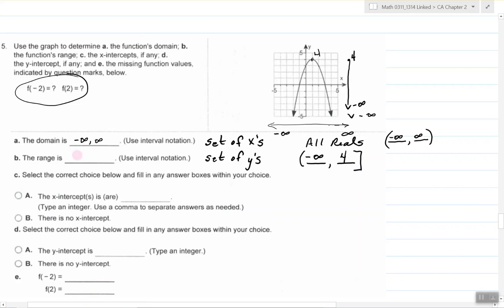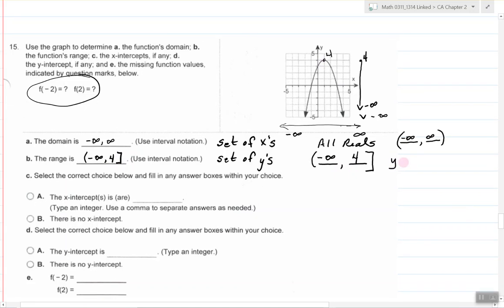So my range is from negative infinity to 4 with a closed bracket. Parentheses, brackets. The brackets are, I think, above the P and the Q on the keyboard. If you were going to say this in inequality notation, you would say y is less than or equal to 4.